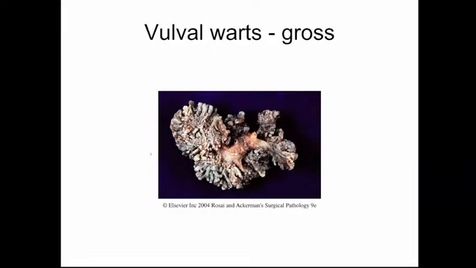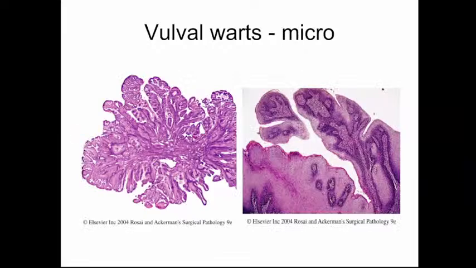Histologically, you see this papillary lesion, finger-like projections surfaced by squamous epithelium with varying degrees of atypia. At higher magnification, you can see the thickened squamous epithelium, and it's difficult at this power to see mitotic activity.